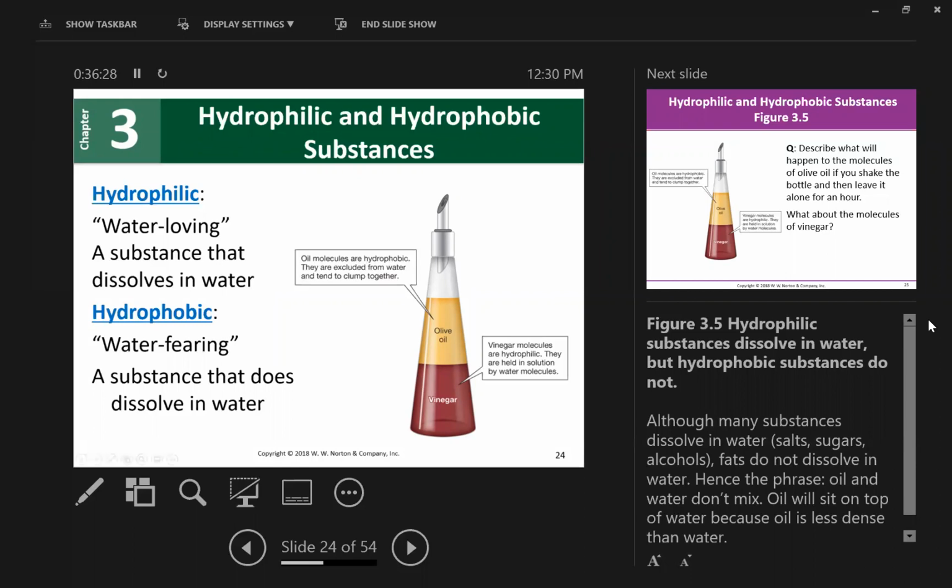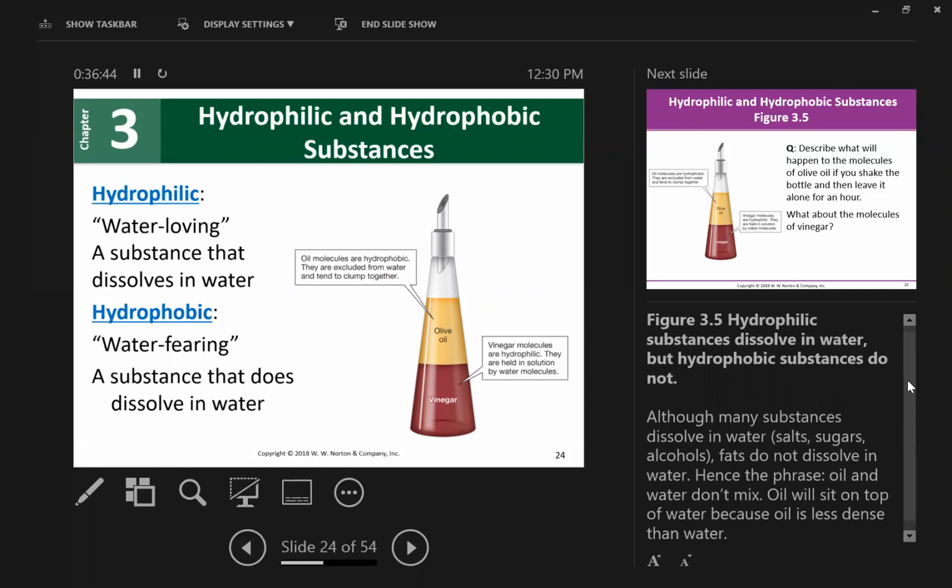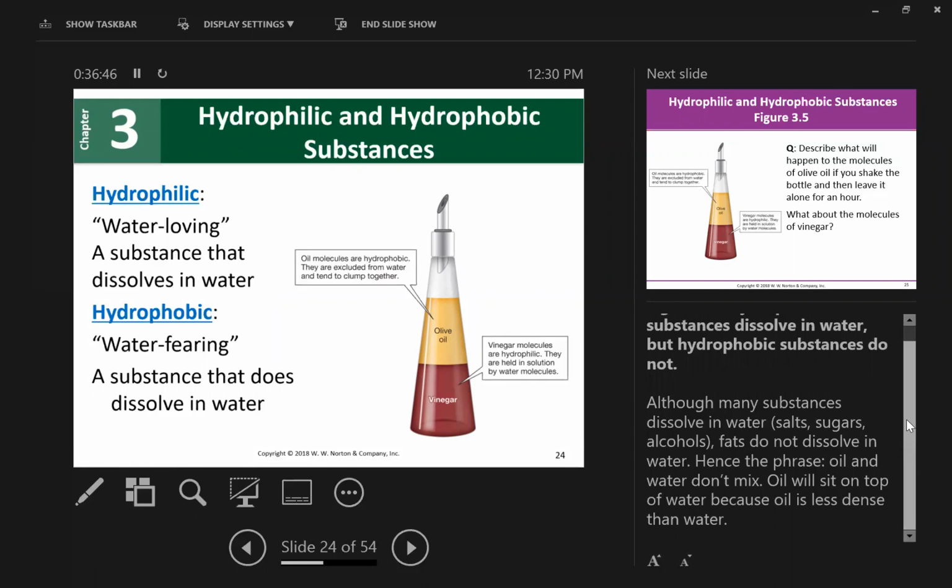There are many substances that do want to dissolve in water that are going to be hydrophilic. You have salt, sugar, alcohols. Fats do not want to dissolve in water. They just don't mix. The oil will always stay on top of the water because oil is less dense than water.